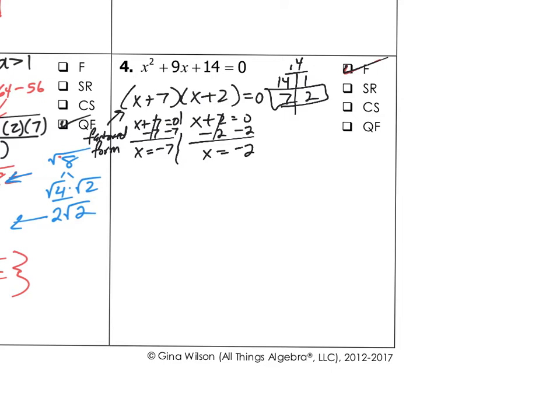And maybe you are a person who notices that the answer is just the opposite sign of what's inside the factored form, okay? And if you're a person who notices that, then I'm totally fine with you going from there to here, okay? Use your big brain, work hard, and smart, okay? So x equals negative 7, negative 2. Always write your answers least to greatest.